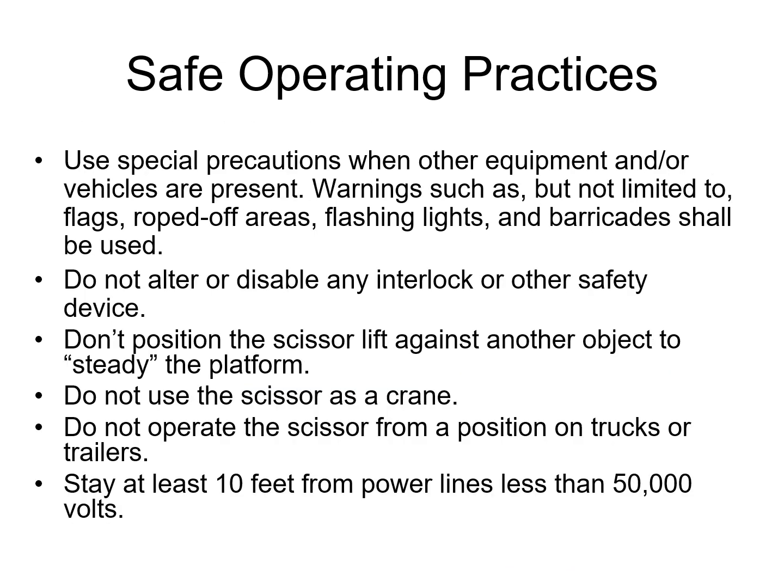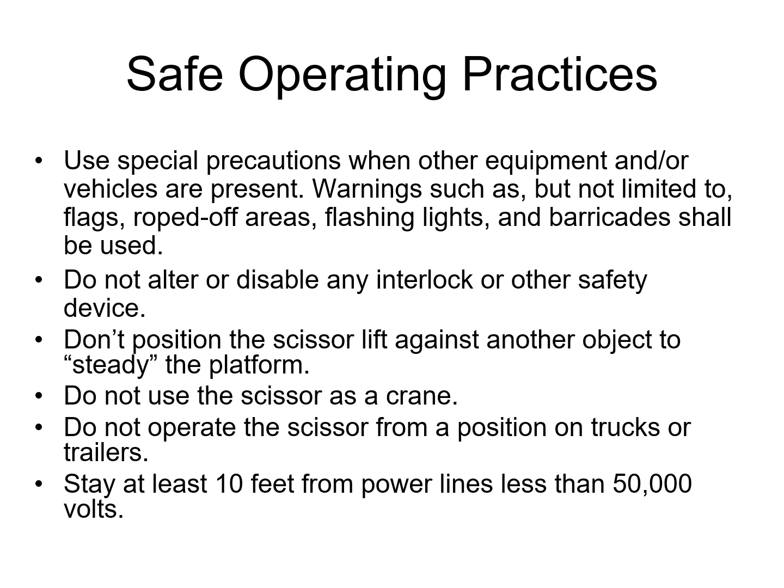Safe operating practices. We want to use special precautions when other equipment and/or vehicles are present. Warnings such as, but not limited to, flags, roped off areas, flashing lights, and barricades shall be used. Do not alter or disable any interlock or safety devices. Don't position a scissor lift against another object to steady the platform.